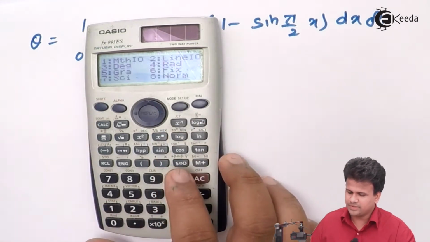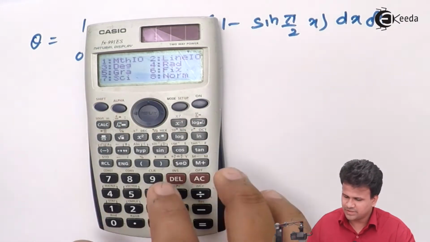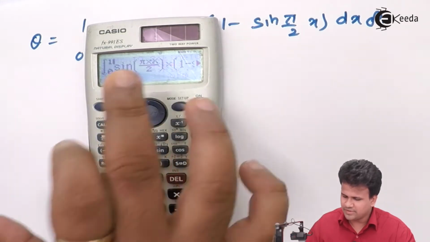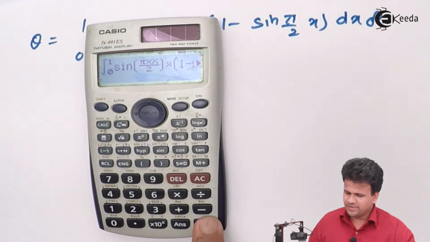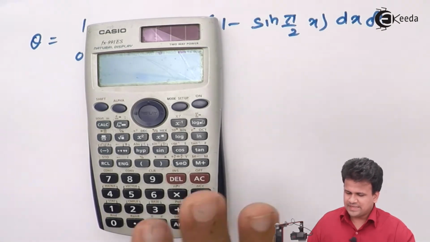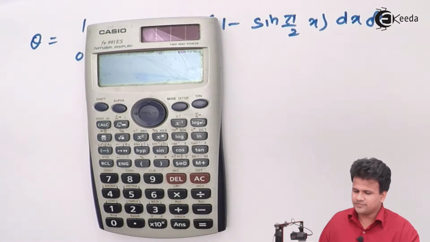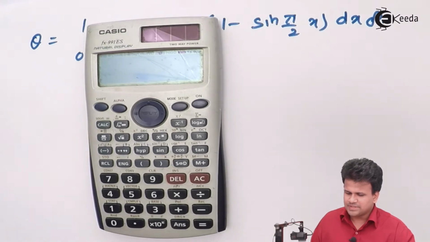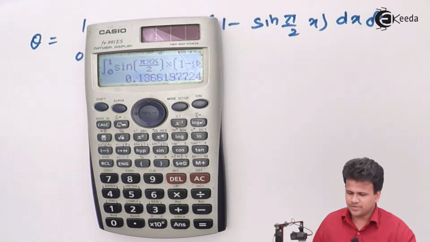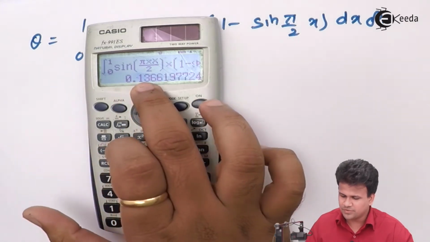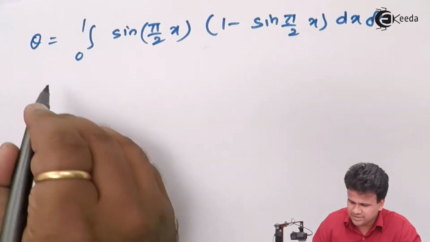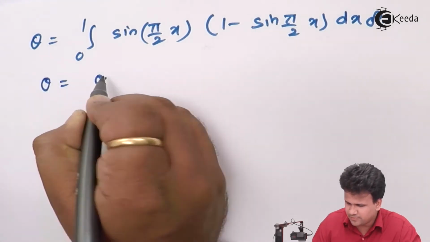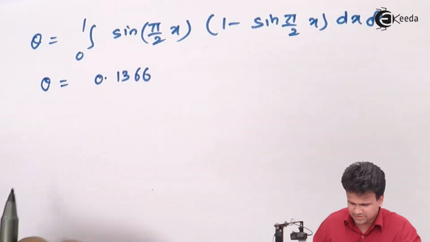How to switch between modes: press shift and mode setup, then press 4, that will be the radian mode. Once you convert this into radian mode, press equals to, and directly we'll get the answer of this equation. This will take a short bit of time, but we have got this as 0.1366. So we have got this answer of theta as 0.1366.